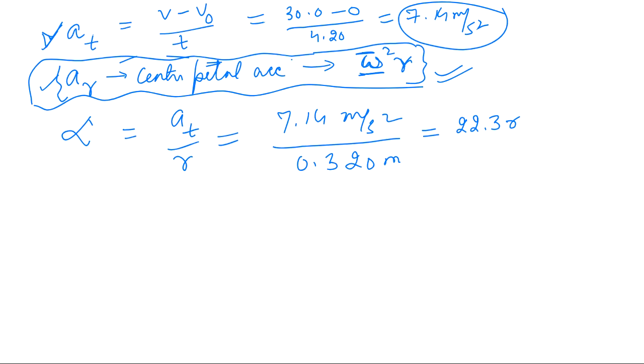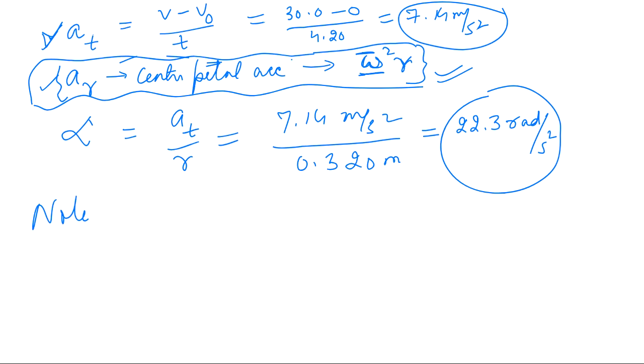A good question at this point will be, how do you know that you can put this unit as radians per second squared? Well, you have to remember, units of radians are dimensionless and appear in any relationship between angular and linear quantities. So I want you to note this. Do not get confused.